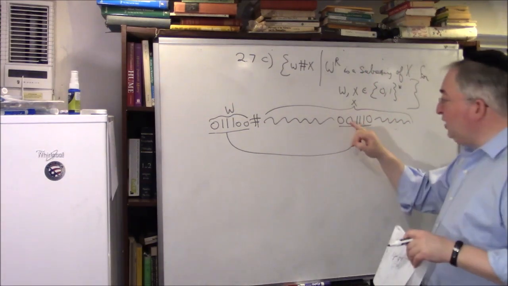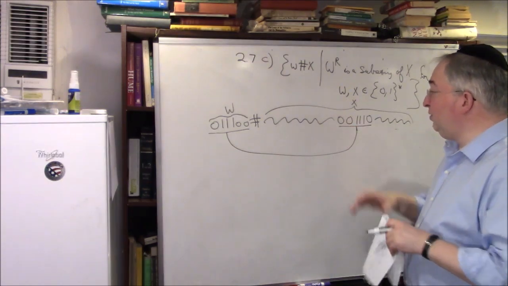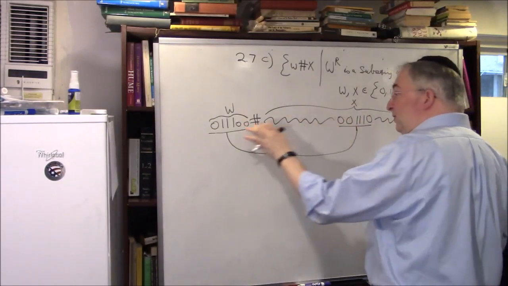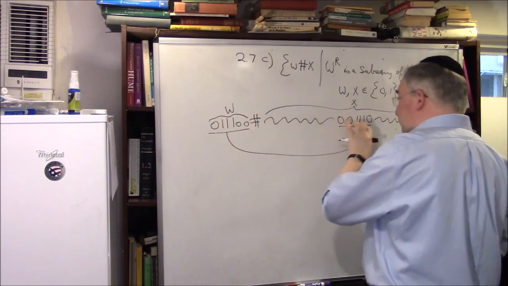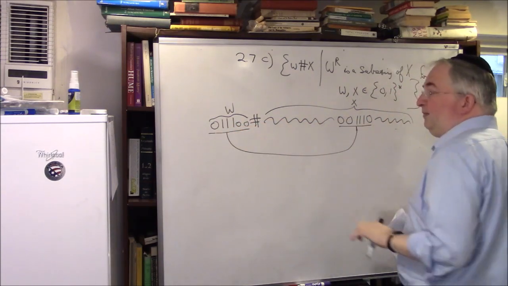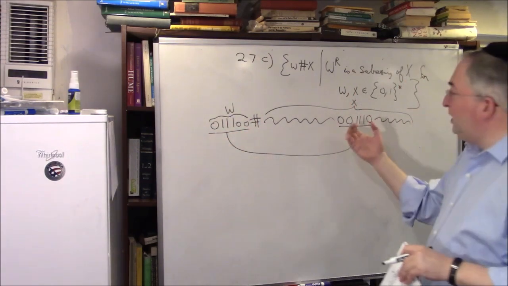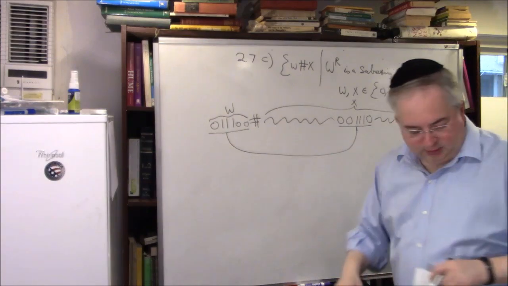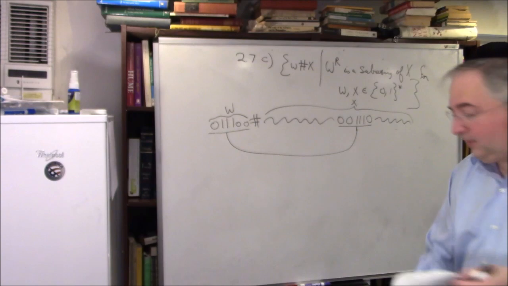Once you get here, and you're going to get there non-deterministically, this 0 is going to pop off this 0, this 0 pops off this 0, this 1 pops off this 1, this 1 pops off this 1, this 1 pops off this 1, this 0 pops off that. So you push, then you wait till you get here, and then you pop. Okay, good. So that's the idea. Let's actually do it.